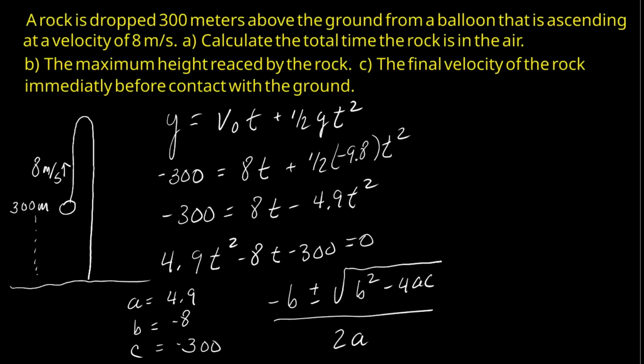When calculating both the positive and the negative, for the positive value, you'll get 8.68 seconds. And if I use the negative value, I get negative 7.05 seconds. So clearly, it's going to take 8.68 seconds for the rock to remain in the air.